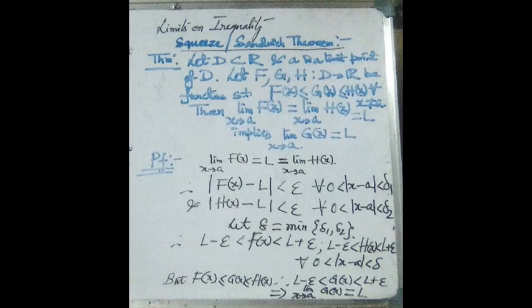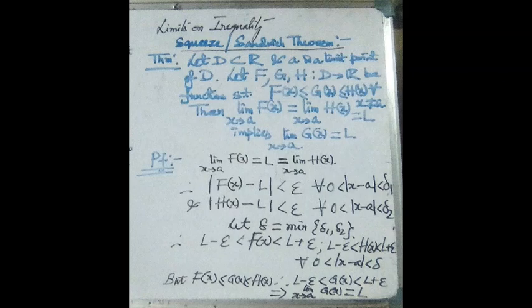So what's the proof? It is given that limit as x tends to A of f(x) equals capital L. So that means we have mod of f(x) minus L less than some epsilon for all 0 less than mod x minus A less than delta 1. Similarly, mod h(x) minus L less than epsilon for all 0 less than mod x minus A less than delta 2.